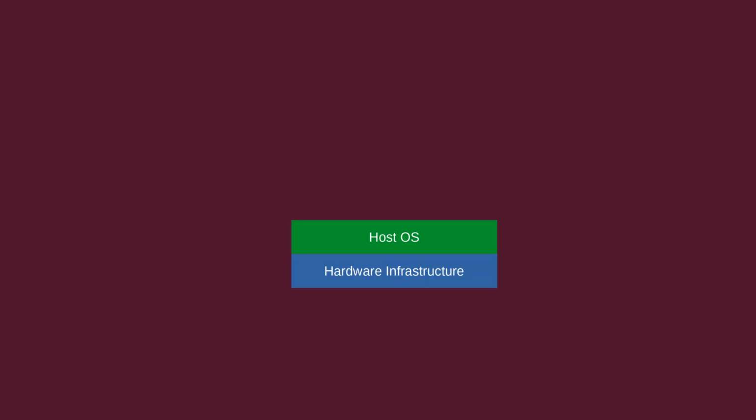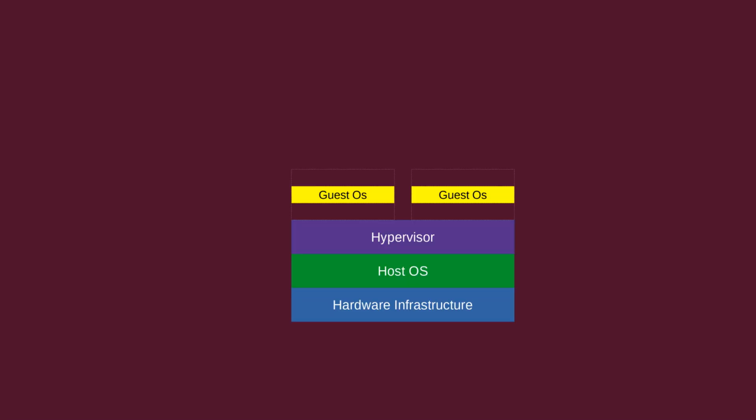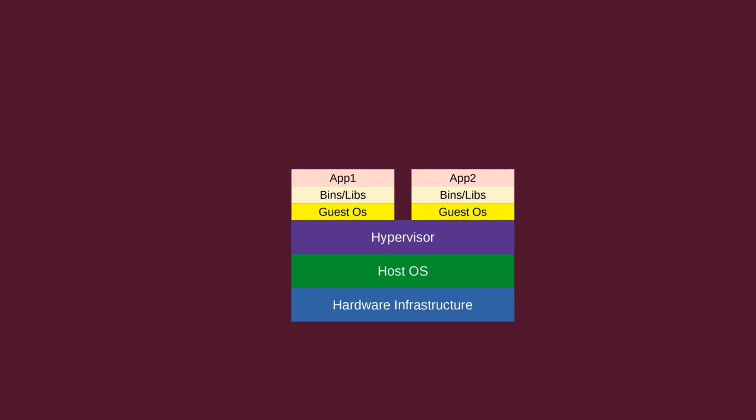But in the case of a virtual machine, you are going to have an OS over an OS, and you have to allocate memory for that OS. So if you want to run multiple applications on a platform, then you have to define or allocate memory for every application inside every OS.